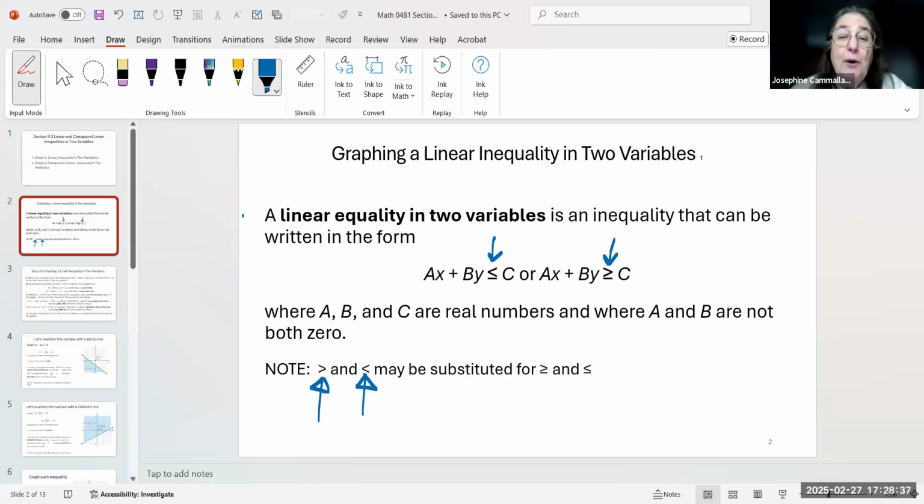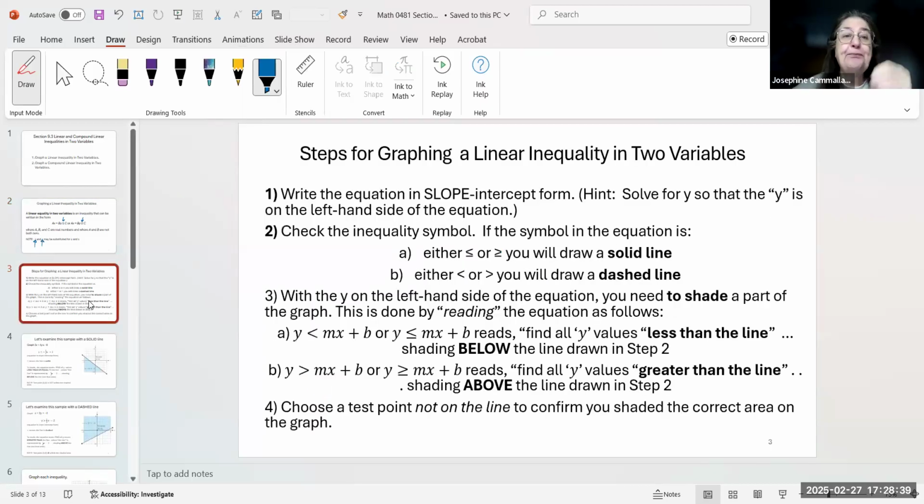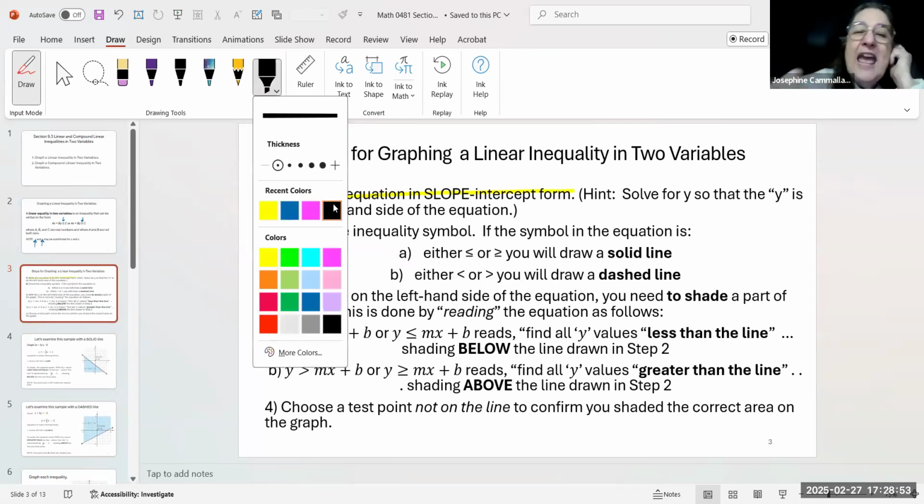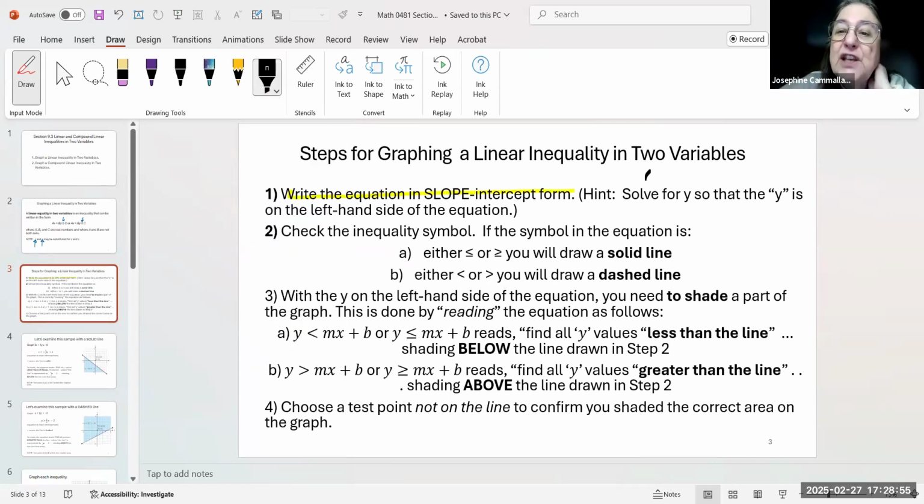And these are our steps. Okay, it is most important that you write the equation in slope-intercept form, which means that you are writing all of the equations in y is equal to mx plus b.